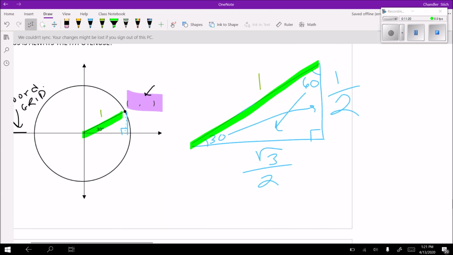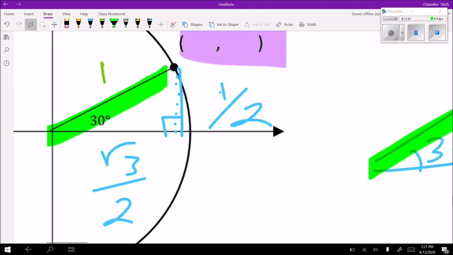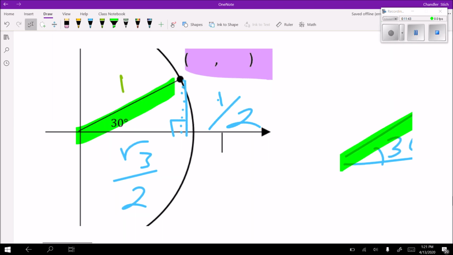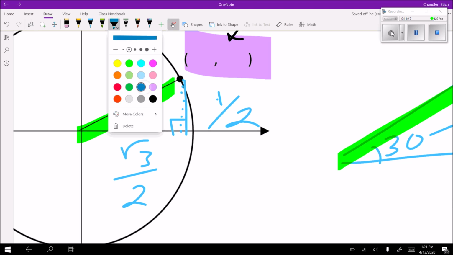What does that tell me about this coordinate point, though? How does that help at all? Well, this was 1/2. If we're thinking of this as a coordinate grid, I know, let's use blue.